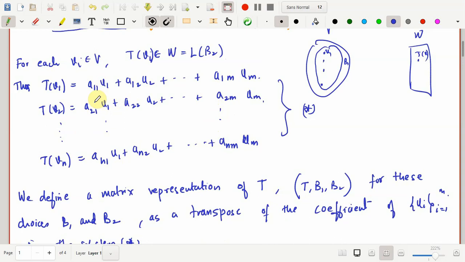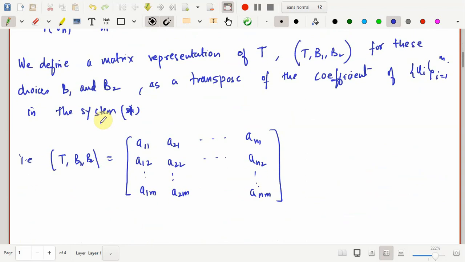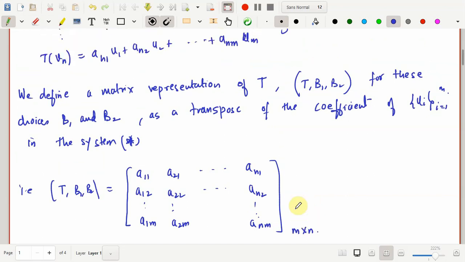So if I simply take the coefficient matrix, then it's going to be n cross m. Now since this is a transpose of the coefficient matrix, it becomes m cross n.